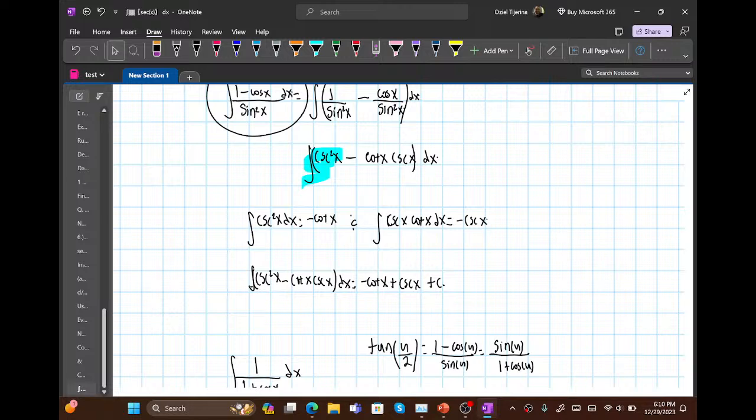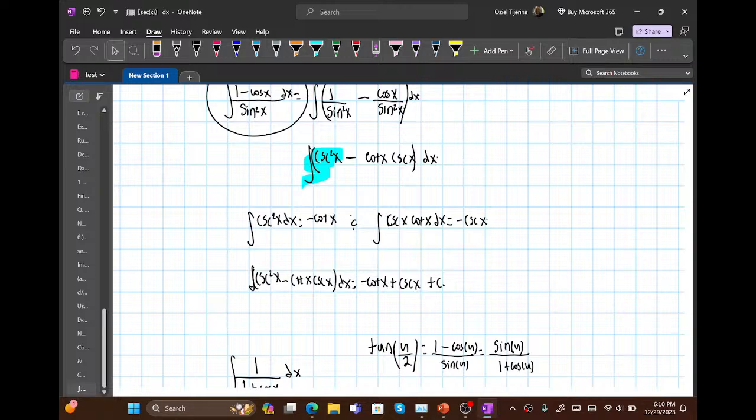Tan of x over 2. But why did you say negative cosecant plus cotangent? It's cosecant minus cotangent, not negative cosecant plus cotangent. Like, I wrote cosecant minus cotangent.